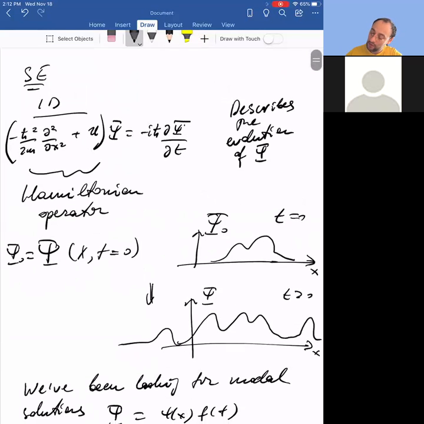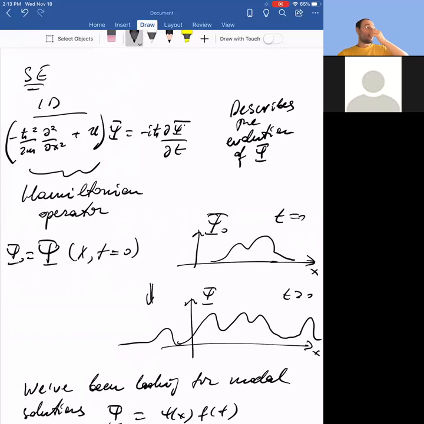So these are modes of the Schrodinger's equation. And these modes are solutions that correspond to a constant energy, right? So we spent a lot of time looking for these modes, and these modes are very special wave functions that correspond to a well-defined energy.